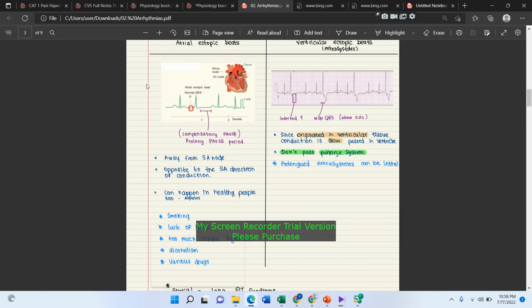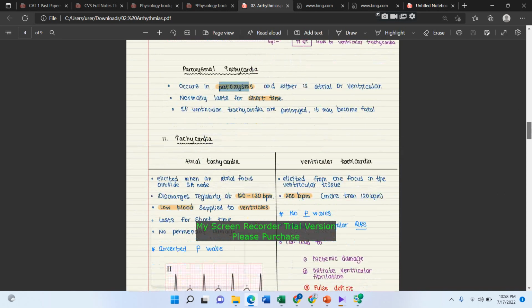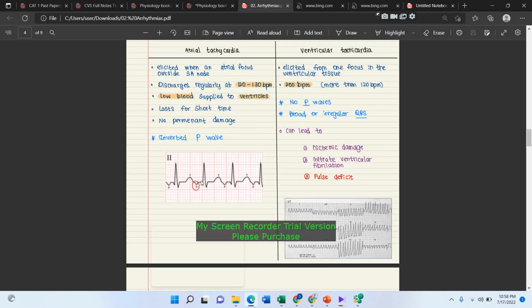You can see an atrial ectopic beat is quite small, almost instant, so that's why it's called a beat. But atrial tachycardia, even though it lasts a short time, is quite bigger than an atrial ectopic beat, so there's a difference.